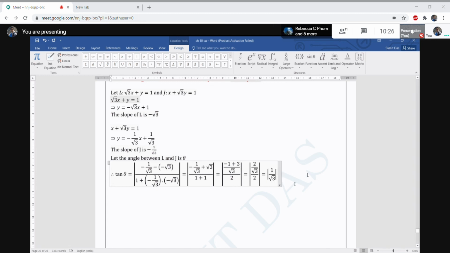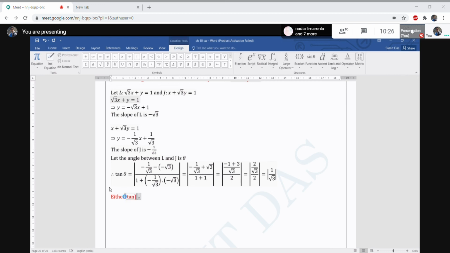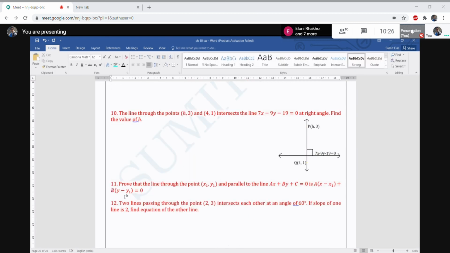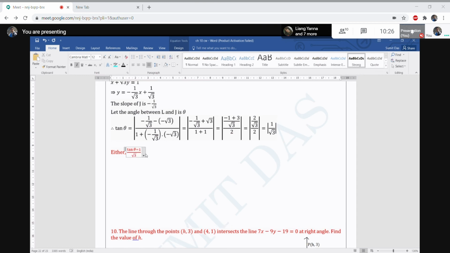Okay, so you have to write like this, either tan theta equal to 1 by square root of 3.